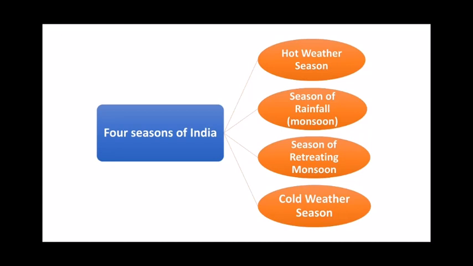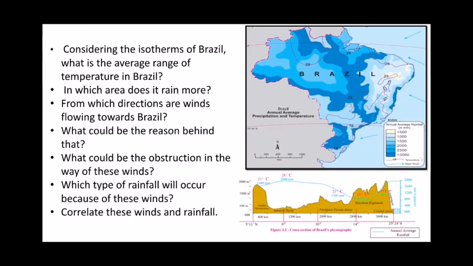Okay children, now here is a map and a figure that we need to see and answer a few questions. The first question is, considering the isotherms of Brazil, what is the average range of temperature in Brazil?